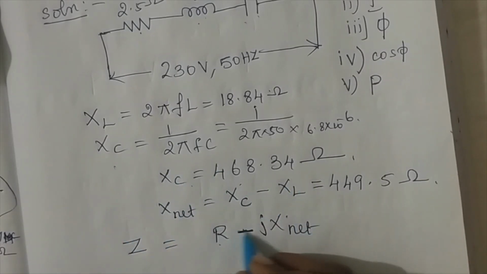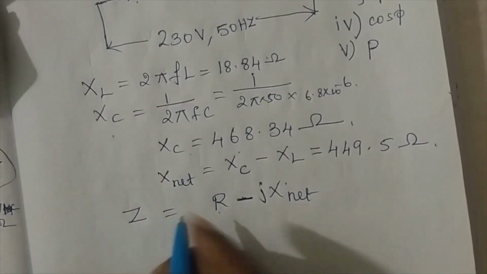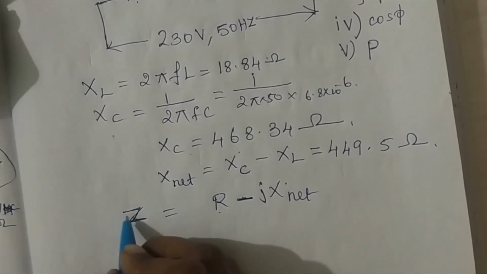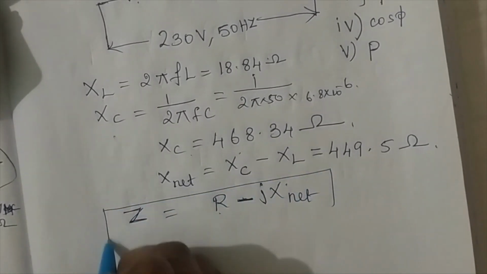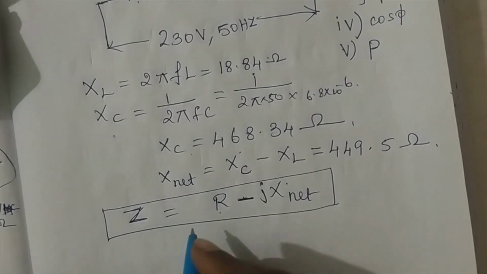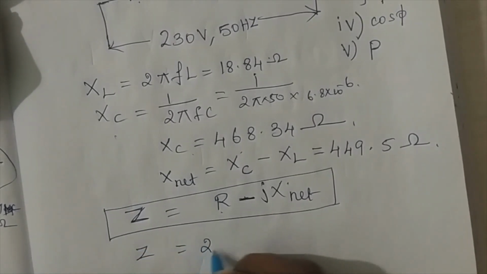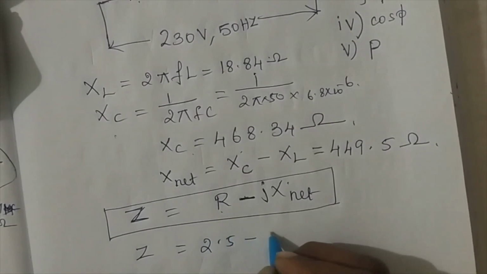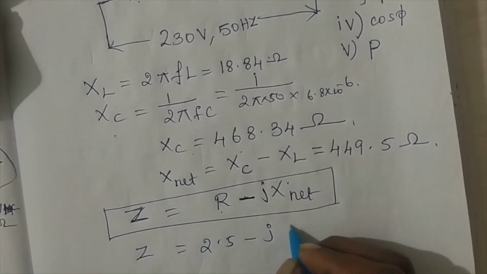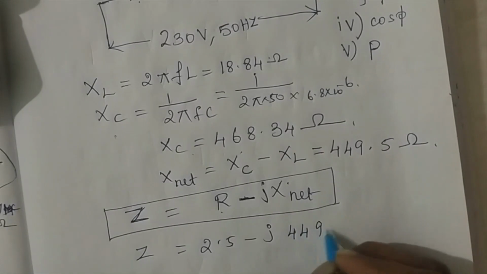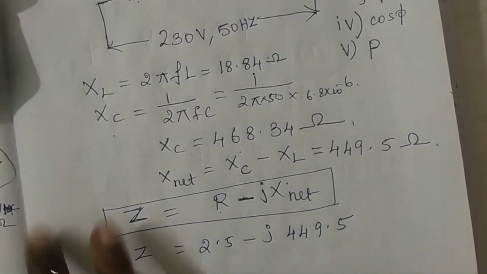That is why I am putting a minus sign. So this is the form for this problem, and impedance is equal to 2.5 minus J 449.5.